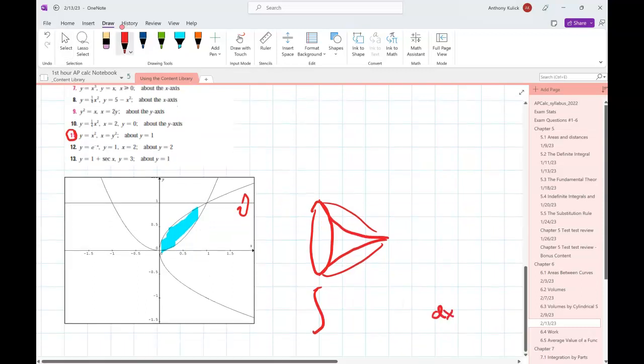X, good. And we should be integrating from what x to what x? Yeah, 0 to 1. It should be easy to see that those intersect at 1, 1. Plus, it's y equals x squared, x equals y squared, which 0, 0 and 1, 1 are obviously solutions to.